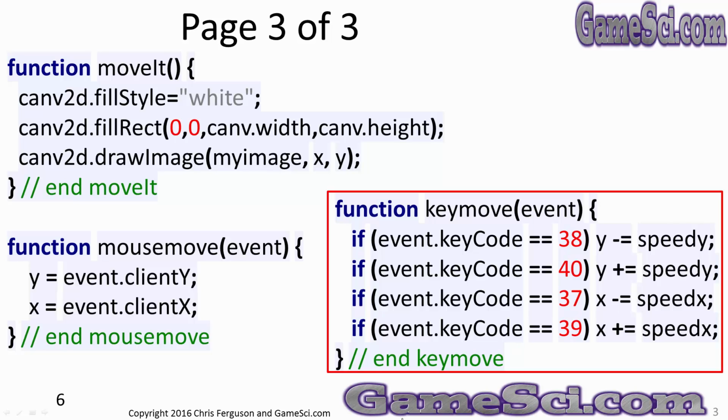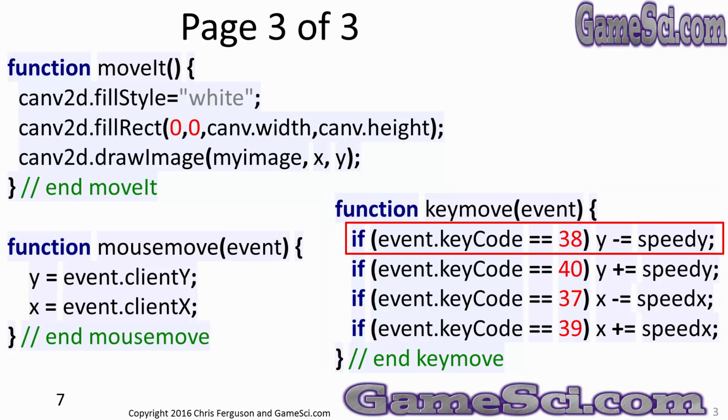Well, it's looking for 4 keys: the up arrow, the down arrow, the left arrow, and the right arrow. This first if statement says, if the event that caused this to be called has a key code of 38, well, 38 is the up arrow. How do I know that? Because I'm shrinking y. If I'm going up, y is getting smaller. So if I'm going up, I'm going to subtract from y.